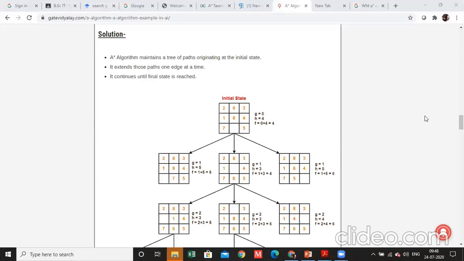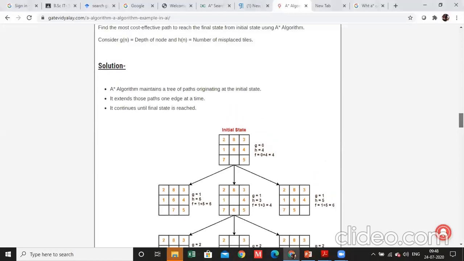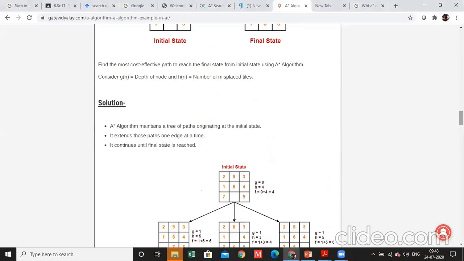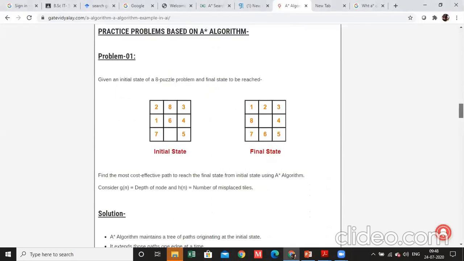So here is one example, that is you have to solve the 8 puzzle problem using the A star algorithm. Given the initial state of the 8 puzzle problem and the final state to be reached. What is the initial state? There is 2, 8, 3, 1, 6, 4 and 7, blank and 5, and we have to reach our goal state, that is 1, 2, 3, 4, 5, 6, 7, 8.